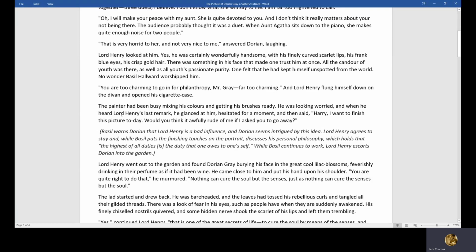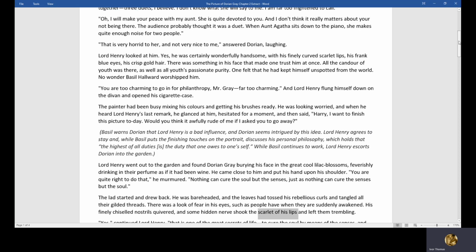First of all, let's have a look at a description of Dorian Gray. Rebellious curls, look of fear in his eyes, possibly because he's been startled by Henry. Scarlet lips. There is another description.